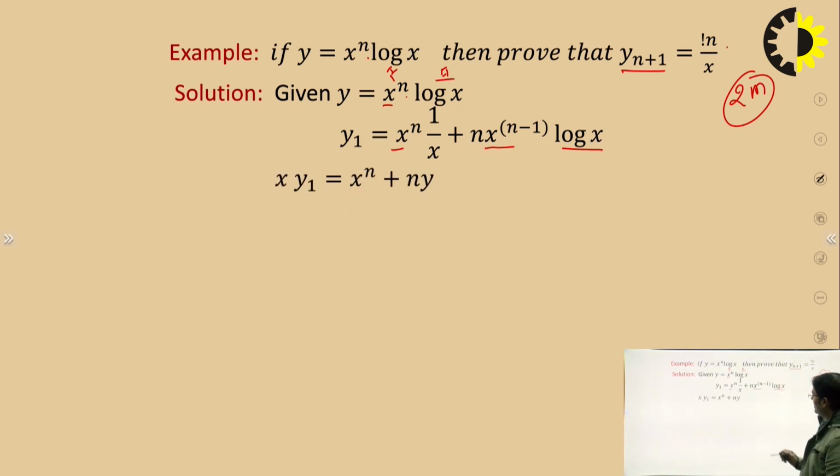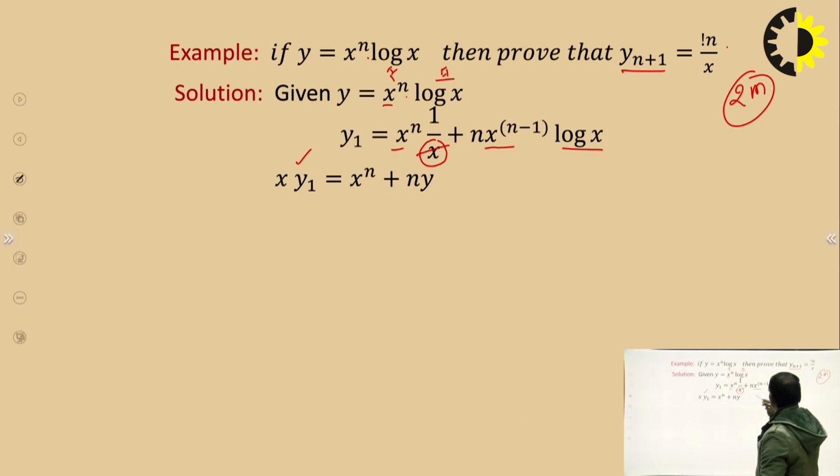No problem. So we can take this x common from the entire denominator and we must shift this x from the right to the left hand side. It looks like x y1, okay? X is gone from here and 1 more x is added here. So the x power is n minus 1.